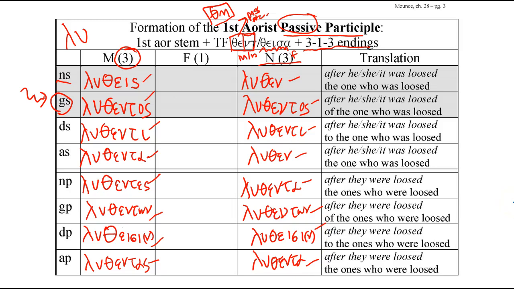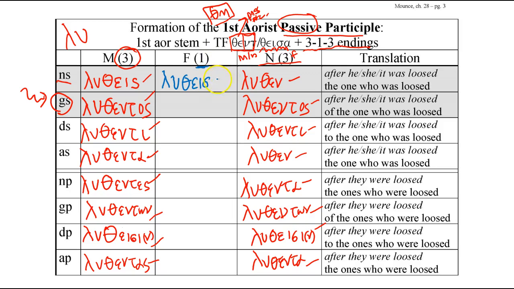The feminine form is similar, but again, it uses a different tense formative. So you have lu, instead of thent, you have thais, and then you have the primary, or first declension, feminine ending.